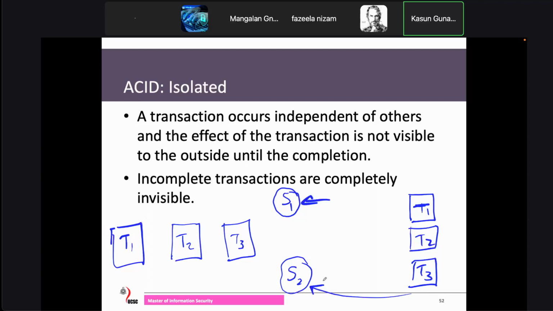That guarantees these transactions are isolated and do not affect others even if they run concurrently. That is an important property for being transactional. So incomplete transactions are completely invisible.